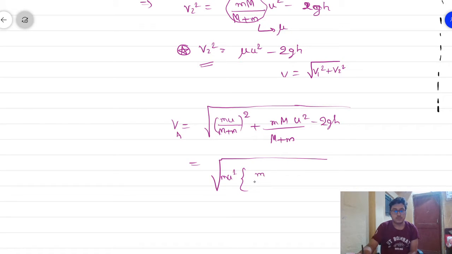This is m over (M plus m) to the power 2 plus 1 over (M plus m) minus 2gh.